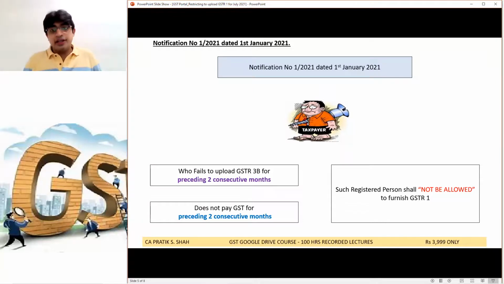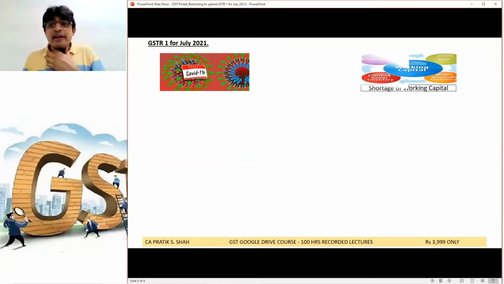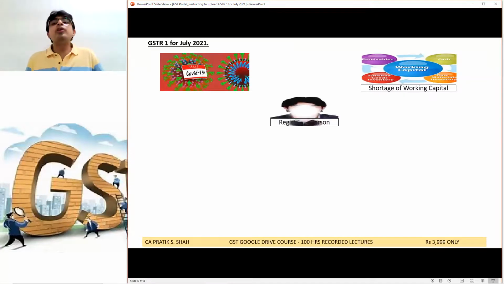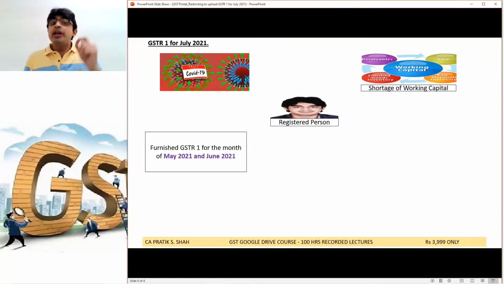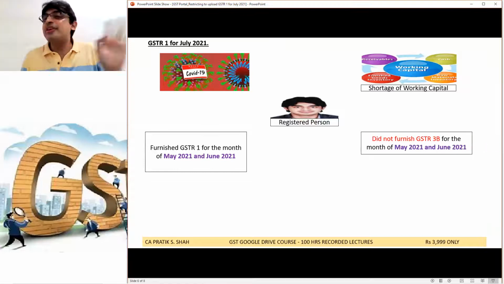If we don't file 3B, we don't pay GST, then the portal will restrict us in filing GSTR1 also. Recipients will not get ITC, sir. Due to COVID, as we are all aware, and due to shortage of working capital, many taxpayers correctly filed GSTR1 for the months of May and June, but they have not furnished 3B.